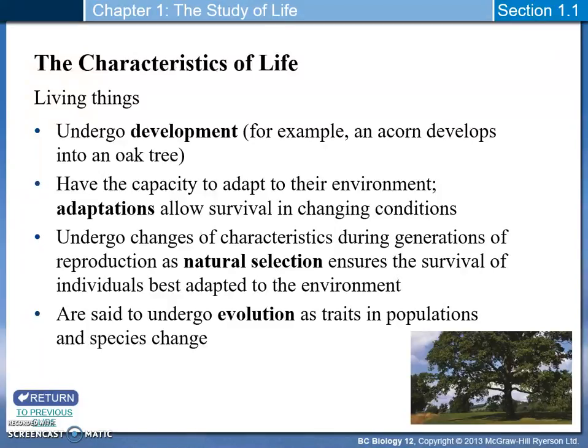Also, living things, they undergo changes of characteristics during generations of reproduction, as natural selection then ensures the survival of individuals that are best adapted to that particular environment. And living things are said to undergo evolution then, as traits in populations and species change.